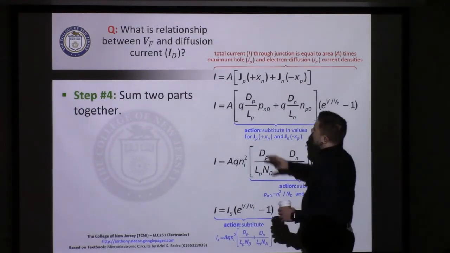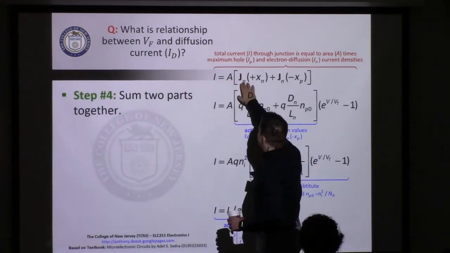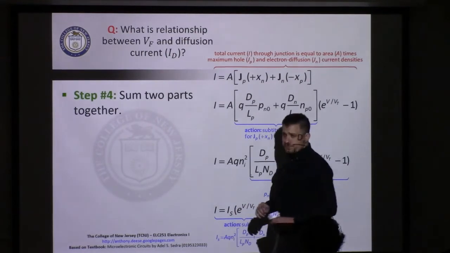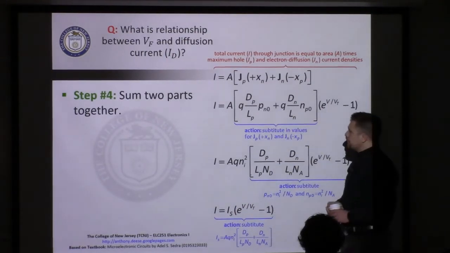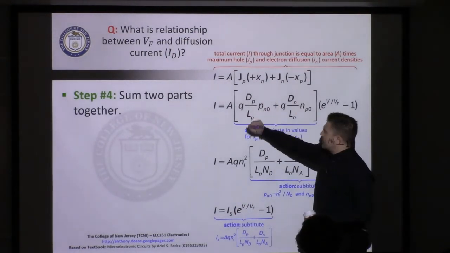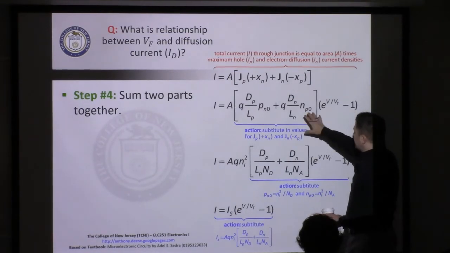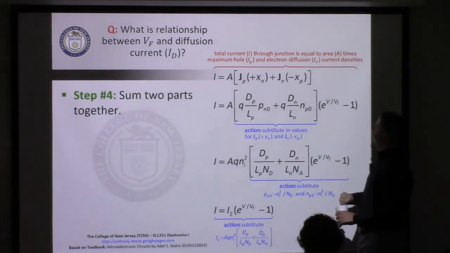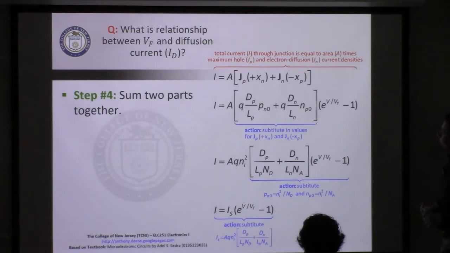So the total current will be equal to the cross-sectional area times the sum of the two current densities. Those are the two current densities. We add it all together. And yeah, that's really it.